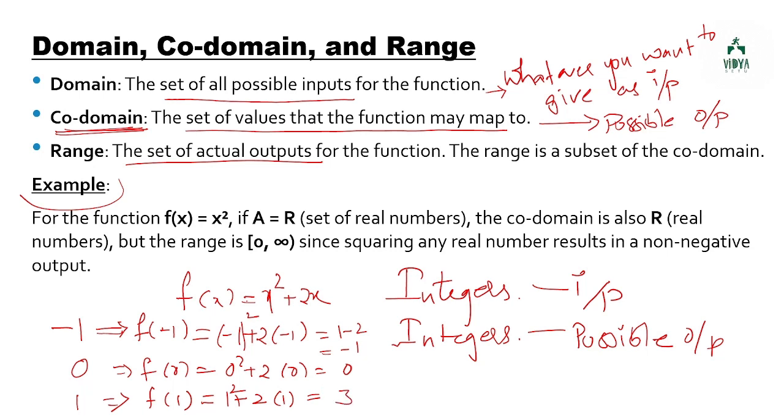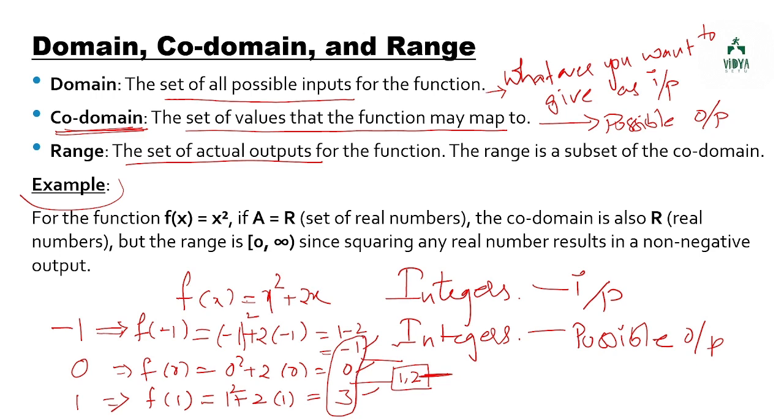You see, minus 1, 0, 3. The in between values we have, 1, 2. If I put more values, we may miss other values also. So these are there in codomain.